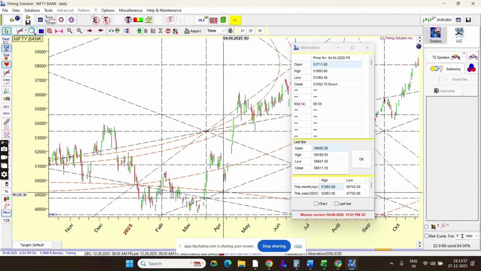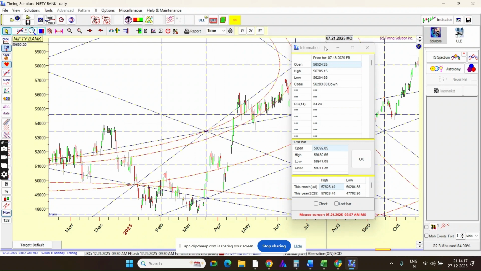Bank Nifty here made a higher bottom on 7th April, while Nifty made a lower bottom on 7th April. So comparing both the indices, Bank Nifty was stronger than the Nifty index. So investment here would have given you good returns.